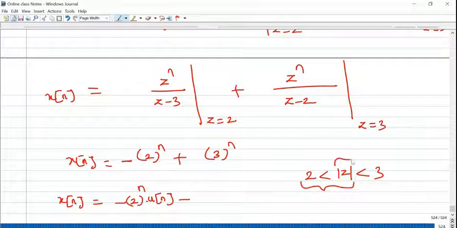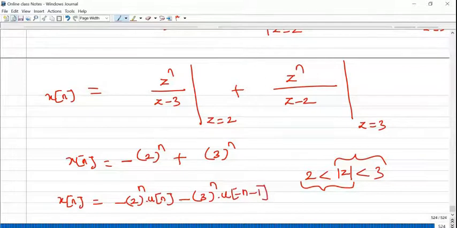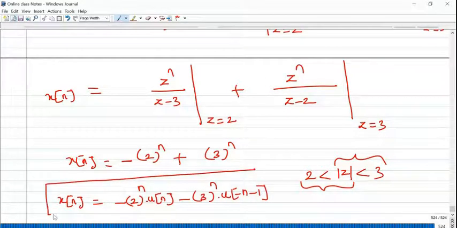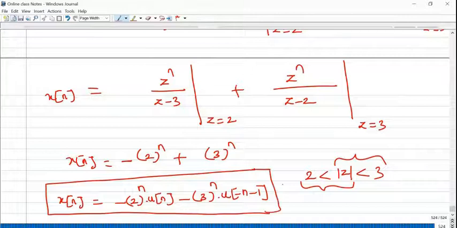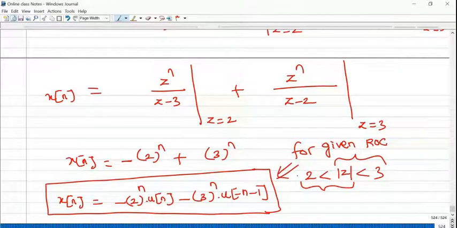Next, modulus of z less than 3, inside the circle, definitely x of n must be a non-causal signal. So the result is minus 3 power n u of minus n minus 1. So this is your result. For the given ROC, we should write the result in the proper format.